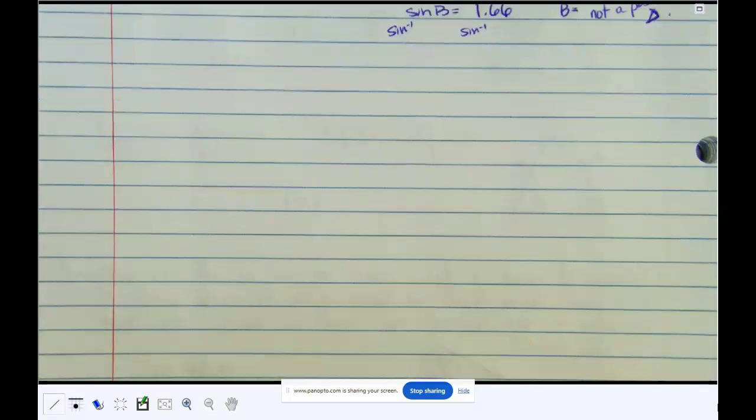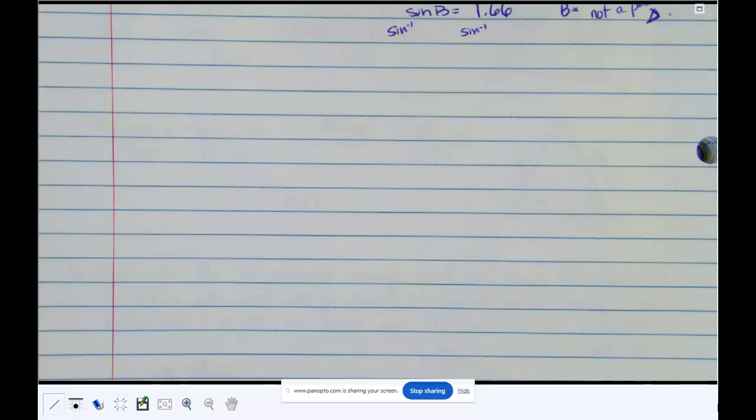Okay, so let's look at what it looks like when there's 1. I'm not going to look at what it looks like when it's 1. Yeah, I am.